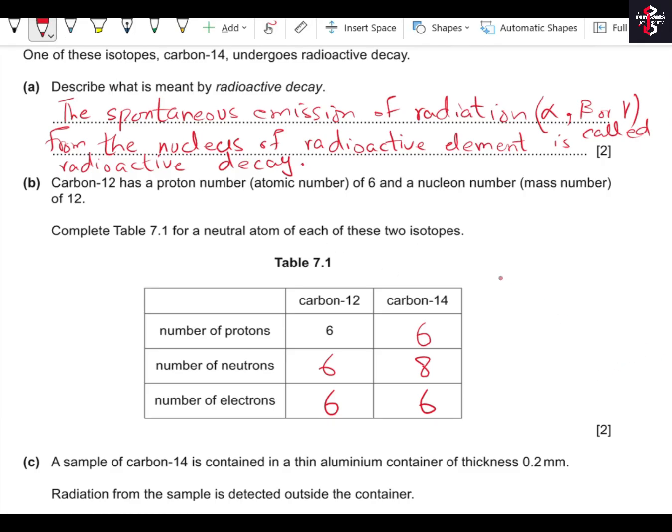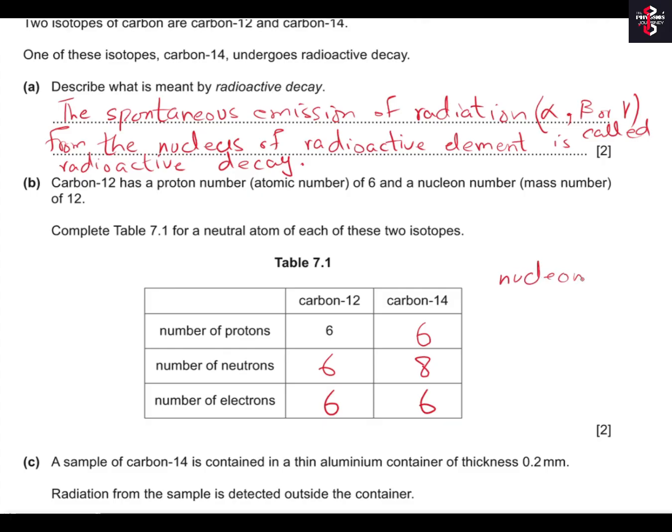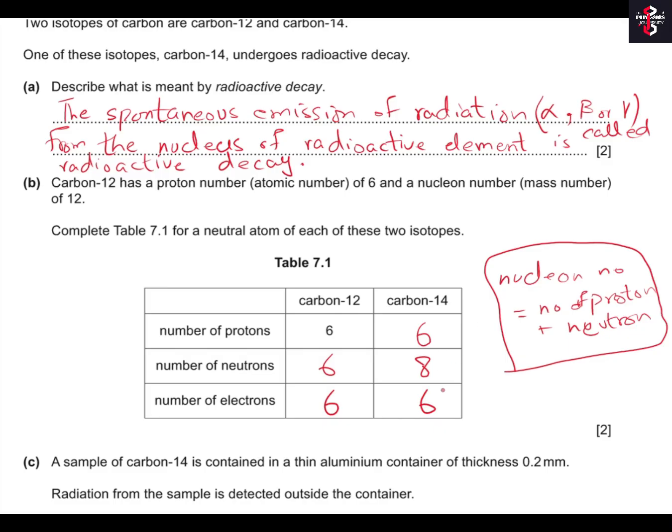So I can write it as nucleon number equals number of protons plus neutrons. The number of electrons is always the same as the number of protons. Carbon 12 and carbon 14. So here it has a mass number of 14, so we subtract 6 from 14, which gives us 8.